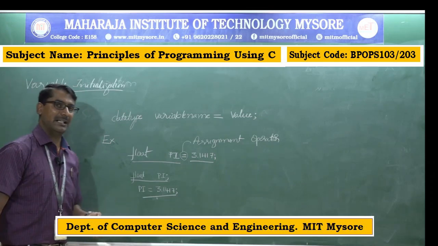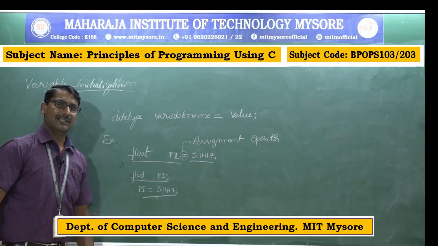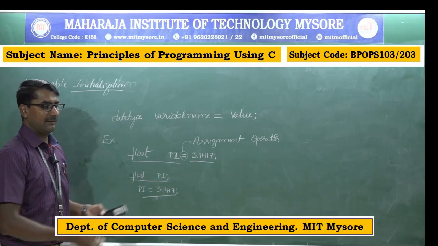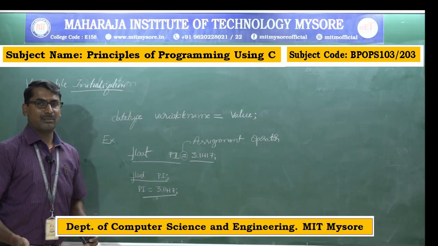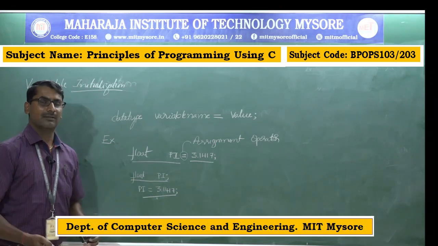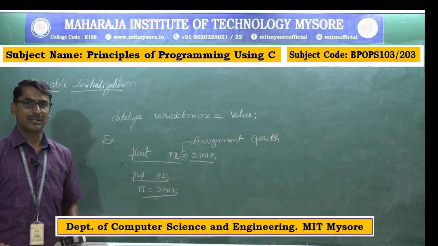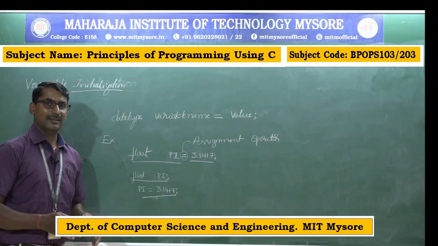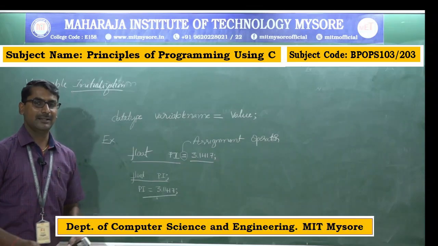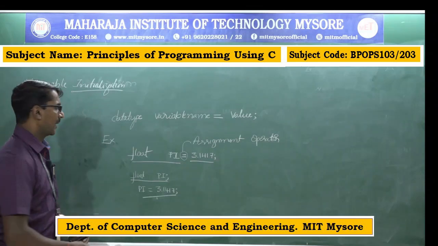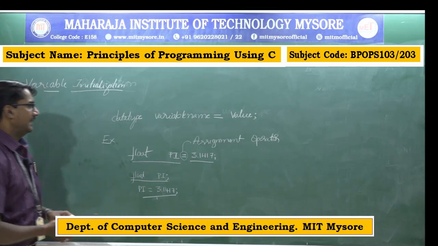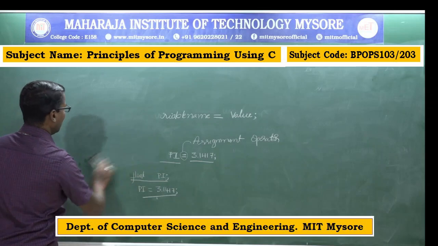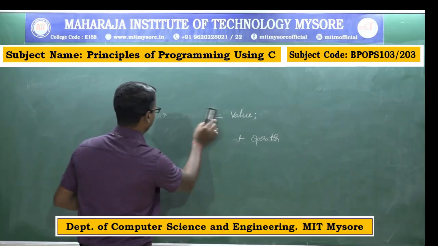So without variable initialization, the variable contains a garbage value. So if you use that value directly, your computation will give wrong output. So before using that variable, we need to assign some values. Okay, this is variable initialization. The next is assigning values to the variables.